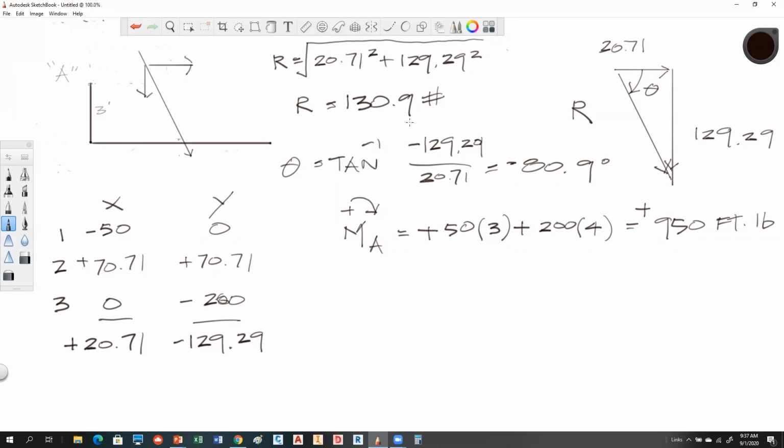So that horizontal vector is 20.71, and this one is 129.29. Okay, so this is where it gets a little tricky, but because this is my line of action, I can slide these guys anywhere I want. So I could slide these guys up this way, or I could slide it down here.